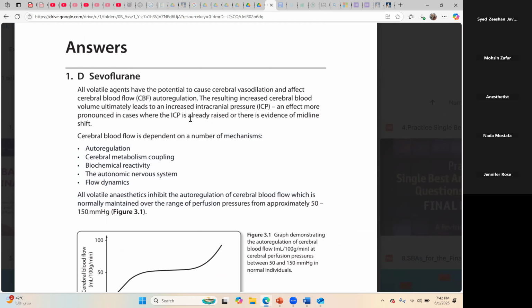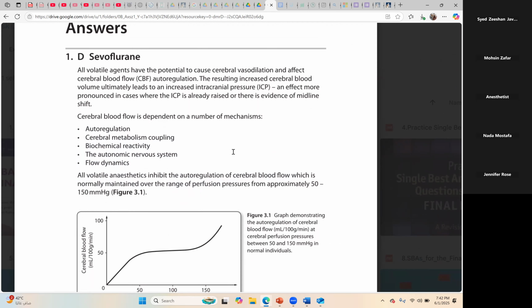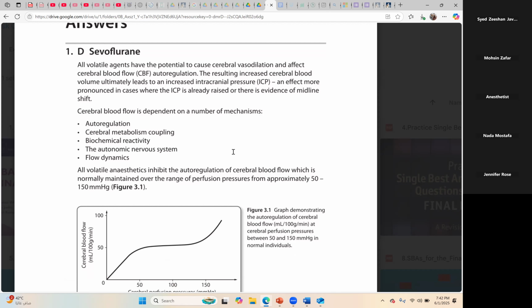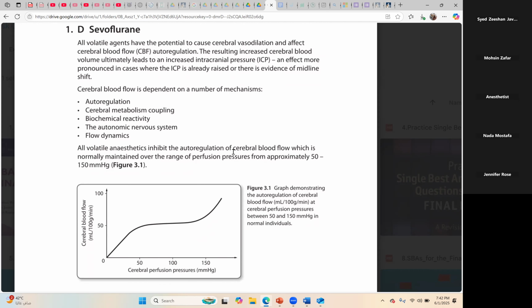All volatiles have the potential to cause cerebral vasodilatation and affect cerebral blood flow. The resulting increase in cerebral blood volume ultimately leads to an increased ICP, an effect more pronounced where the ICP is already raised or there is evidence of midline shift.